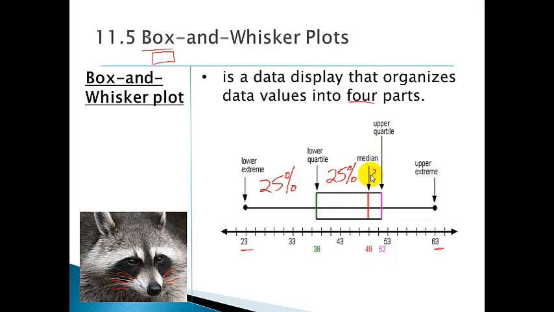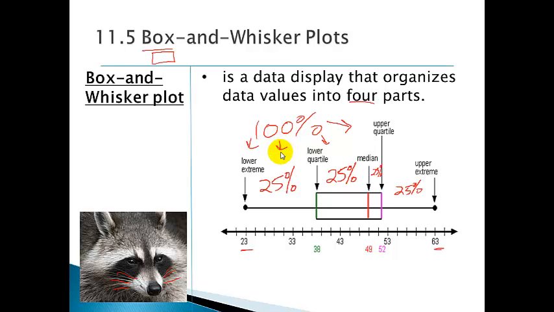And we got 25% of the data squished in here between 49 and 52. And then 25% of the data is going to be between 52 and 63. And this is just a sample. It's going to be different depending on what data you use. But just notice that 100% of my data is being displayed between all 4 parts.